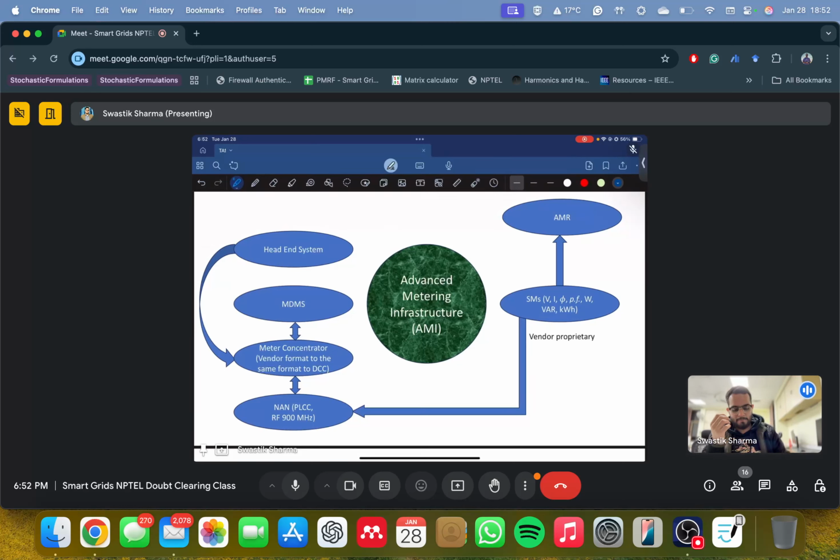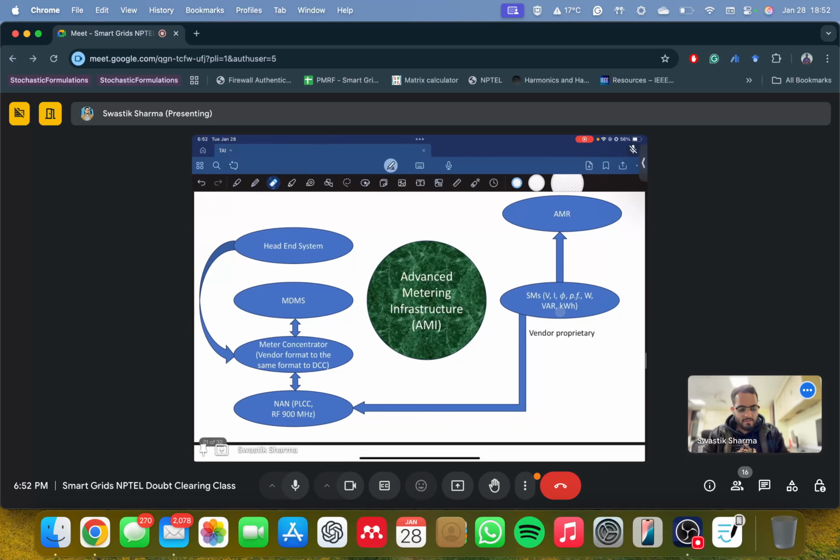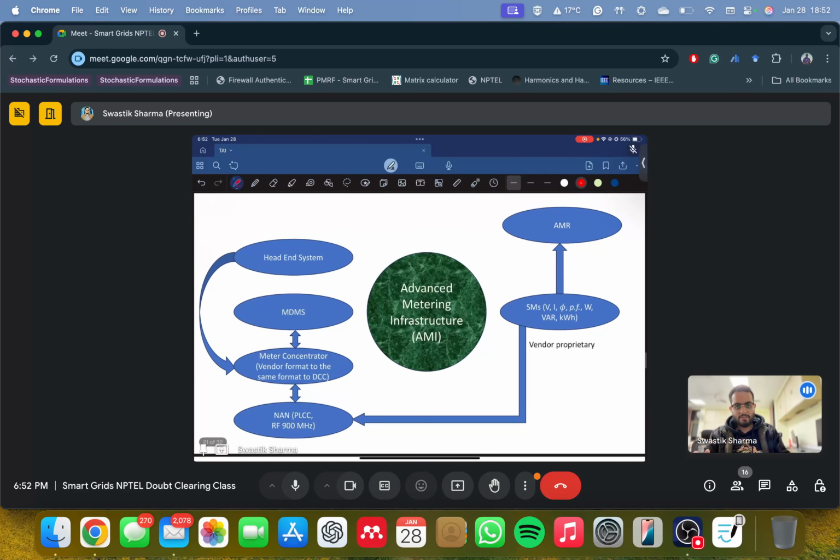Let's say that you have some measurements, such as voltage, current, phasor, power factor, active power component, reactive power component, or your energy usage. These come from your smart meters.